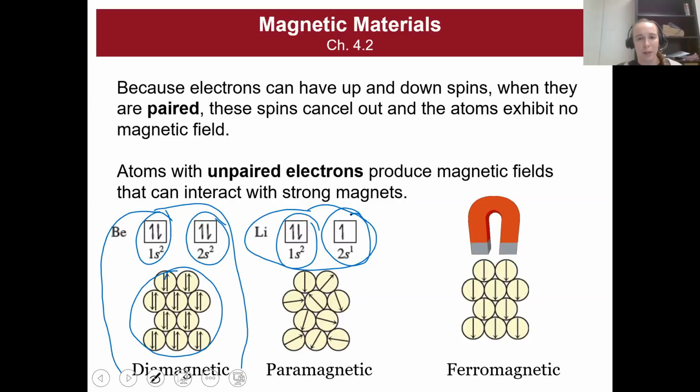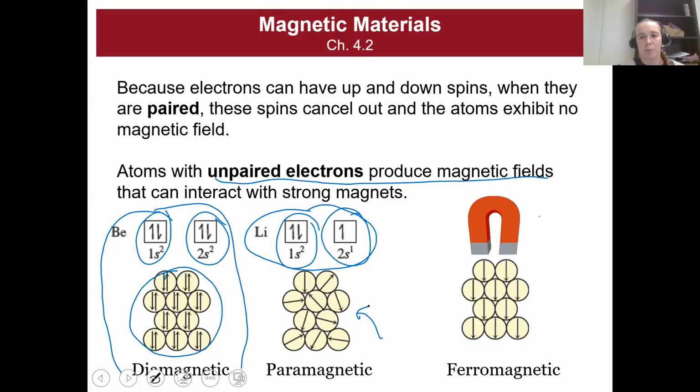So that unpaired electron is going to produce a magnetic field and interact with magnets. And if it does produce a magnetic field and interact with magnets, we call it paramagnetic.